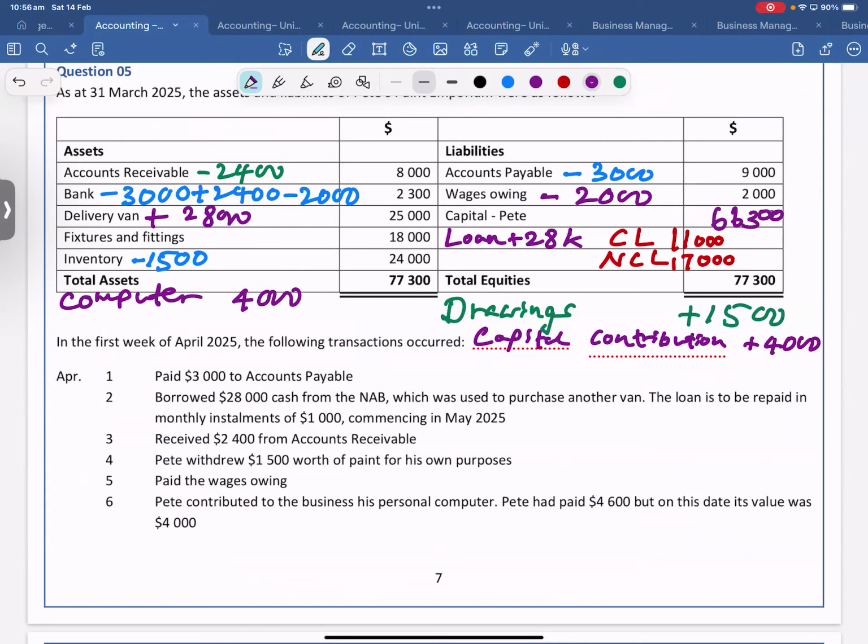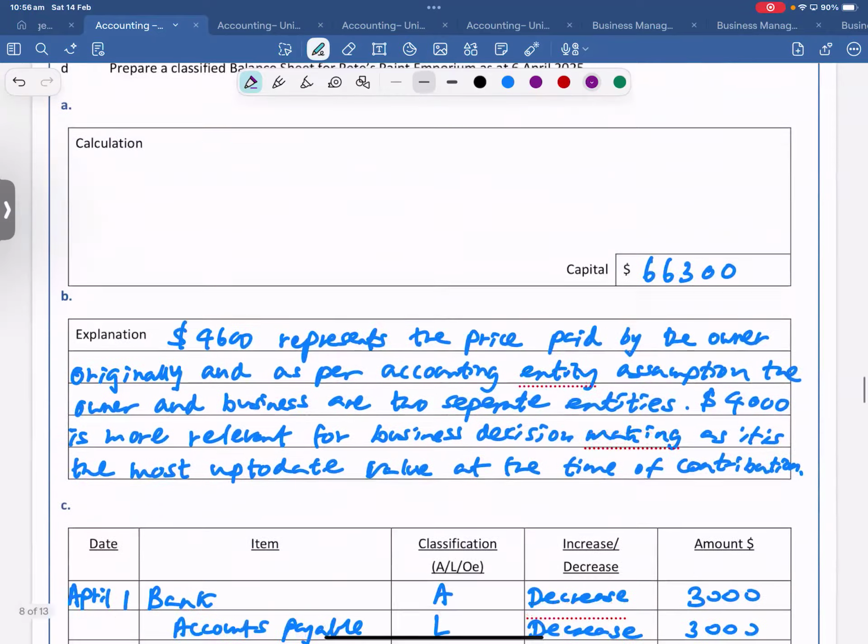Assets will increase. This one is the owner doing something to the business, so owner's equity will be increasing. Good. Correct. Take down the last one.